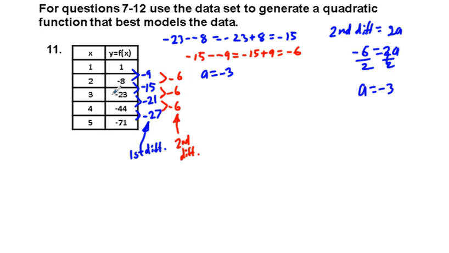Now we're going to work backwards to look for our y-intercept. Going back, our second difference of negative 6, coming back, so what minus 6 is going to equal negative 9? Well, I believe that's going to be negative 3. Okay, and so that's going to be our first difference.